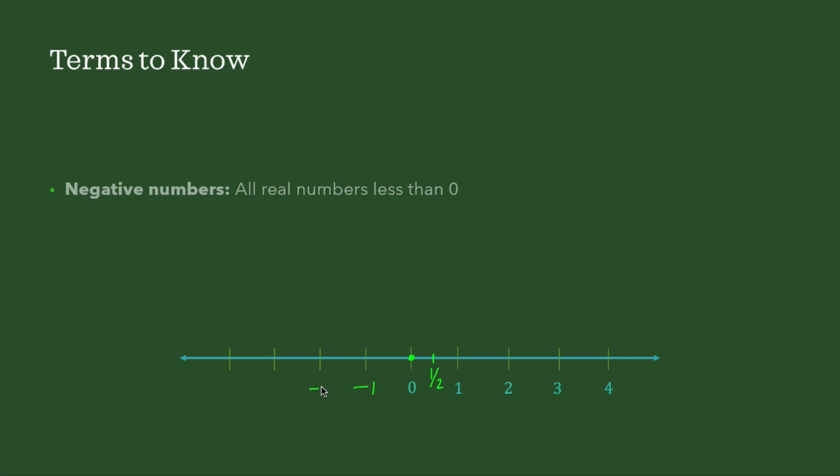-1, -2, -3, -4, and so on, in this fashion. And yes, they do look like normal numbers, except with this dash in front of them, which symbolizes that they're negative.